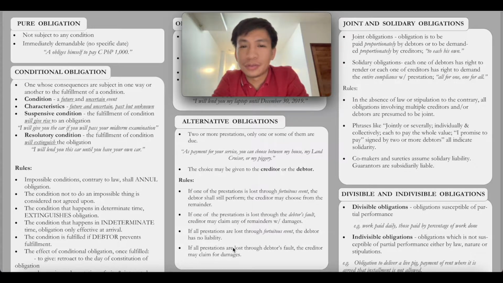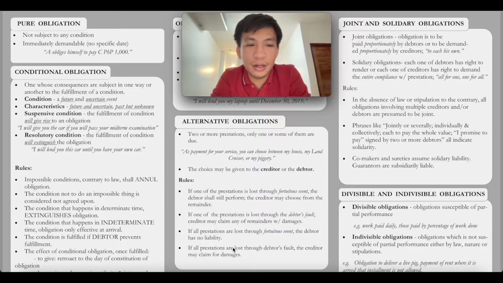Another example na hindi naman masyadong brutal. I will give you this car if kaya mong paghiwalayin, kung mapaghihiwalay mo yung asukal, creamer at kape sa 3-in-1. Now, you are doing it, pero si debtor, hinihipan niya yung 3-in-1 para hindi mo mapaghiwalay. What will happen there?